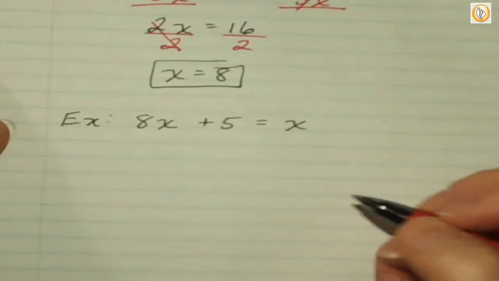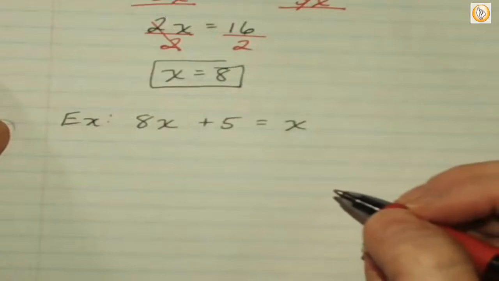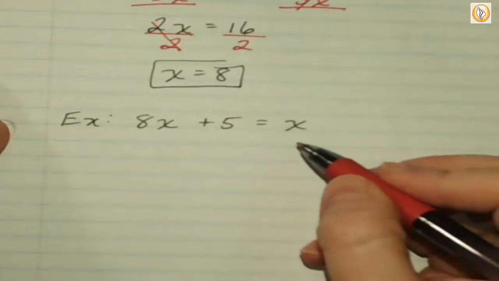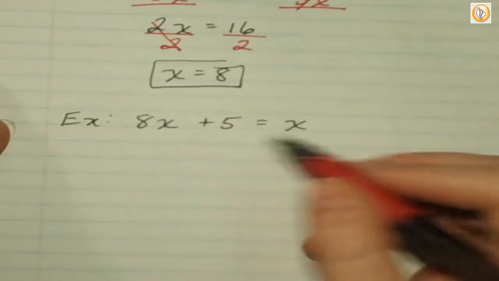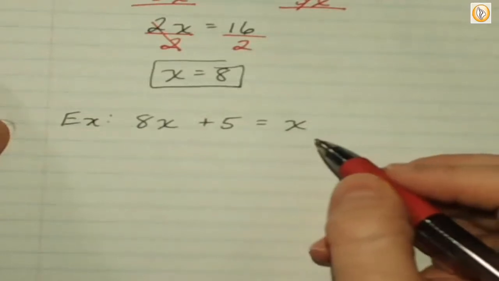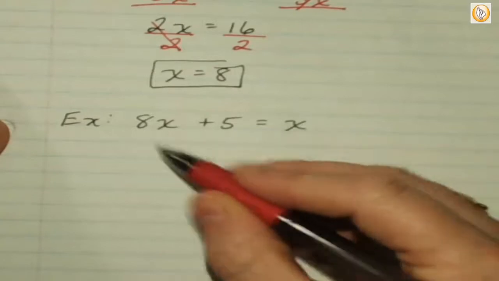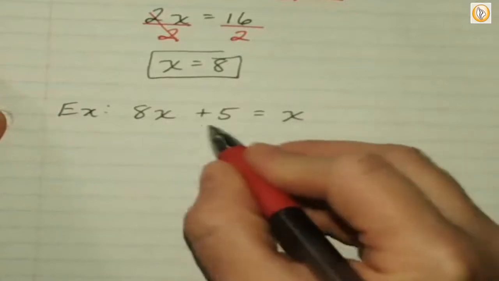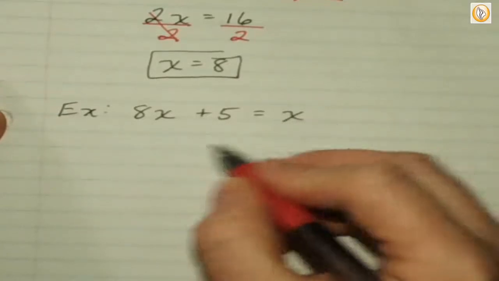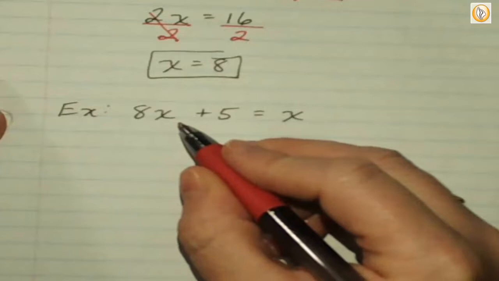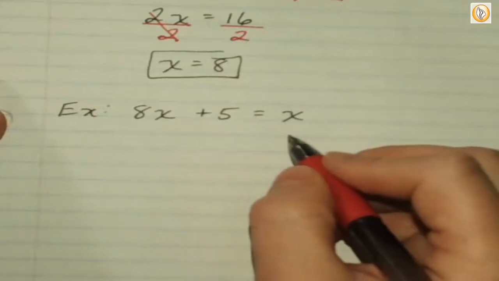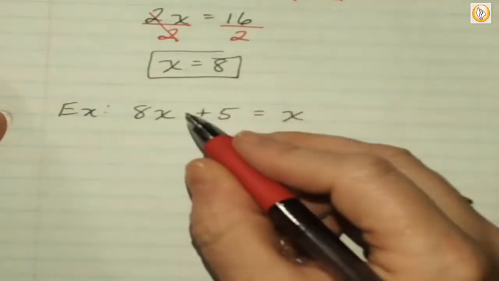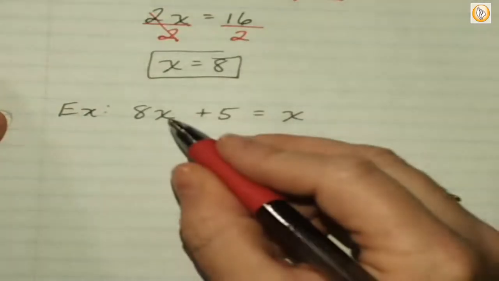Sure. We could also move this x over there. Let me show y'all what that looks like, okay? Let's say I want to move the x because I want to keep the x all over here. We could move the 5 over and then move the x over, okay? Kelly, are you watching? We could move the 5 over here and then move that x over here. Or you could move the x over here.